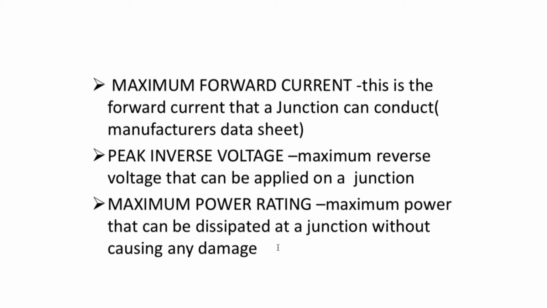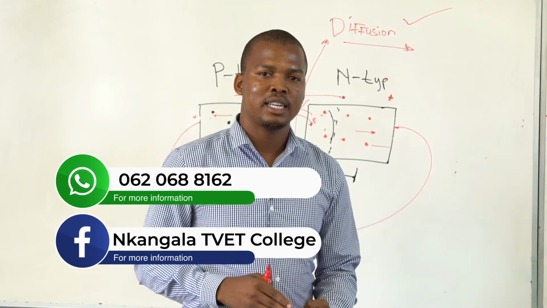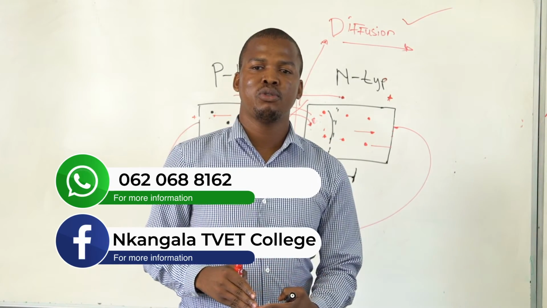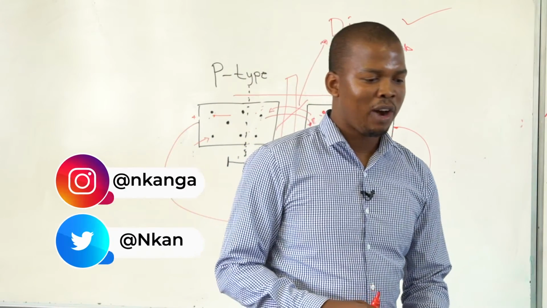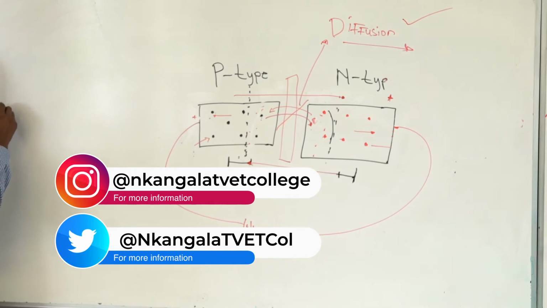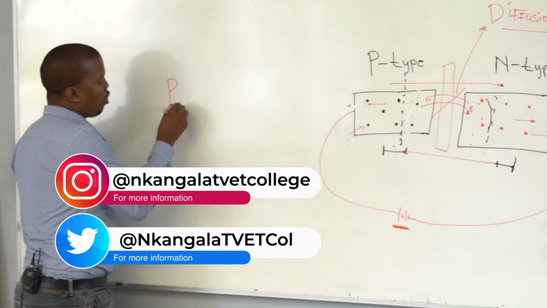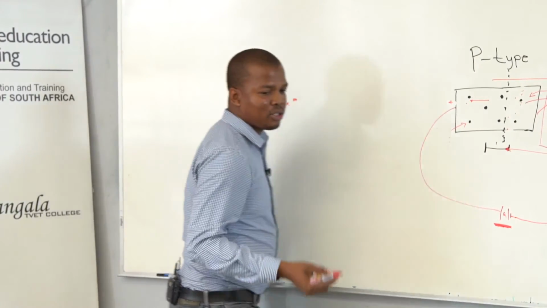In this case, when they are talking about the maximum power, they are talking about the power that is allowed to pass through the PN junction. You do not need to bypass that power. And to find the maximum power, you get it by doing what?